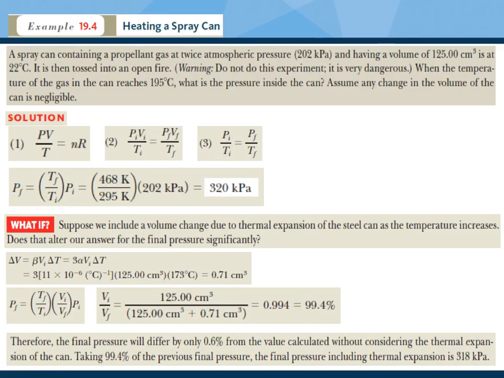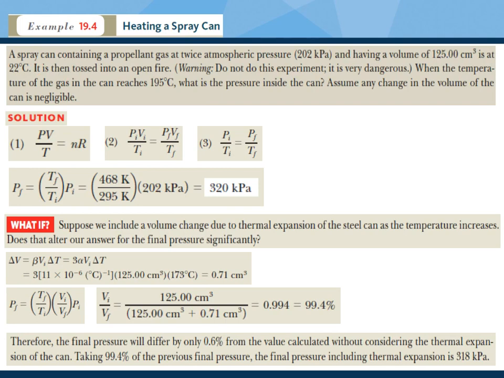Let's look at an example. If we have a spray can where the initial pressure, volume, and temperature are given, and the temperature is increased, what is the pressure inside the can? Using the ideal gas law, PV over T equals nR.